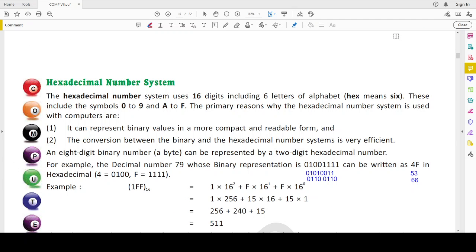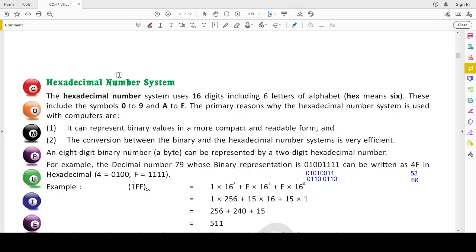In this tutorial, we will learn about the hexadecimal number system. In the previous tutorial, we have seen the decimal number system, the binary number system, and the octal number system.